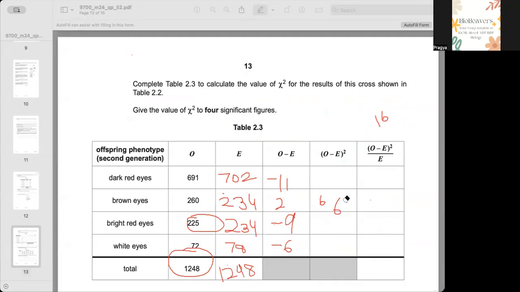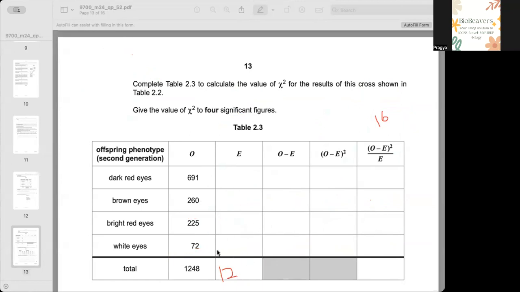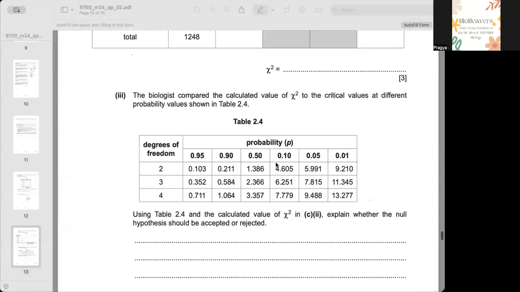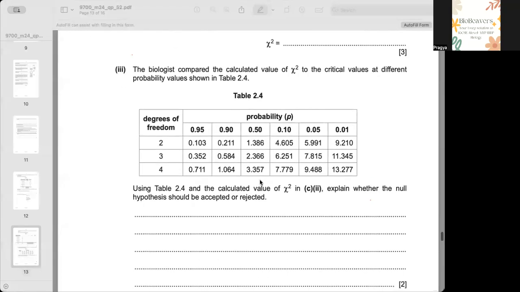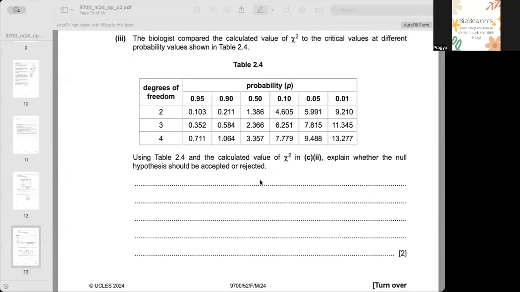Okay. And remember to read the question where it is written 4 significant figures. You should not be giving more than 4 or less than 4 for sure here. And with this, we move to the next question. And make sure you put in the value of chi-square, that is 3.869 right here. The next question is based on the table.